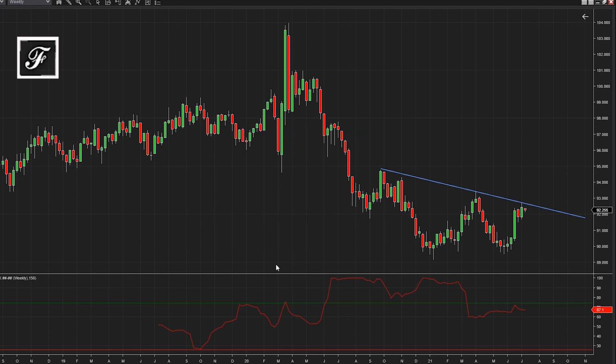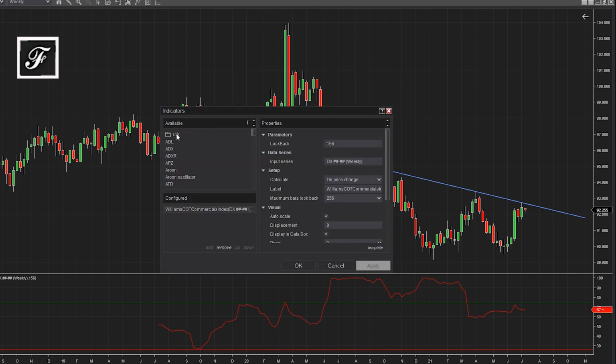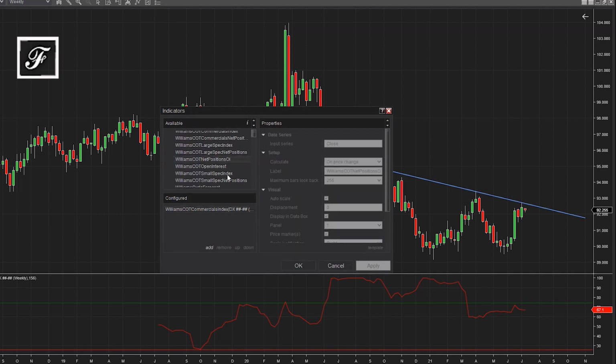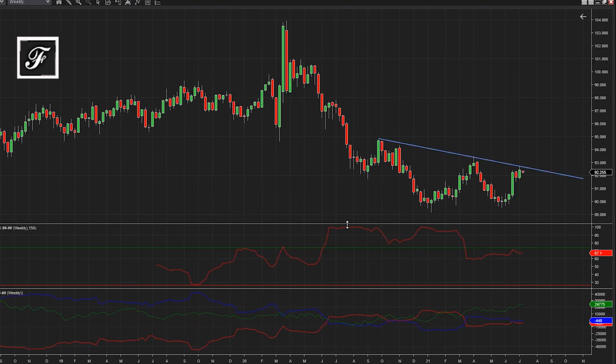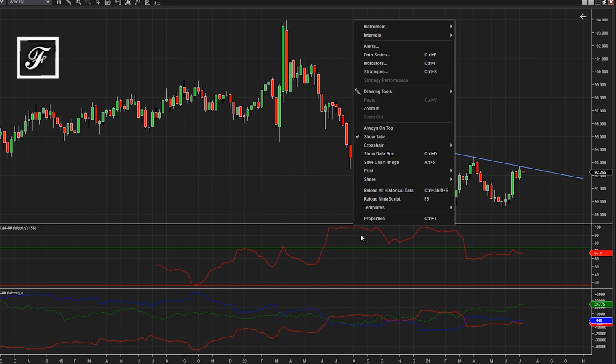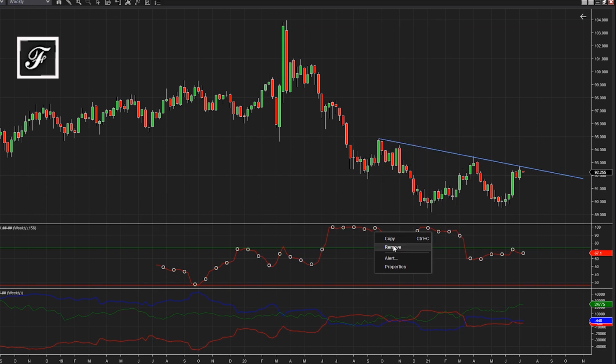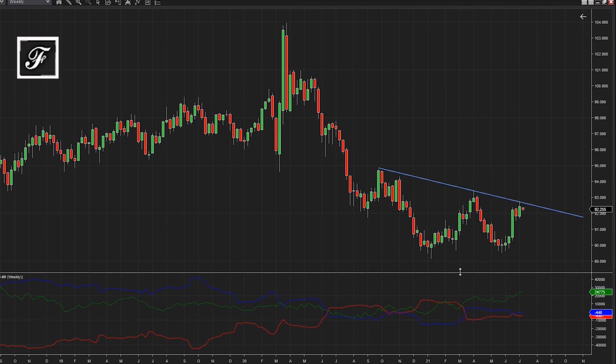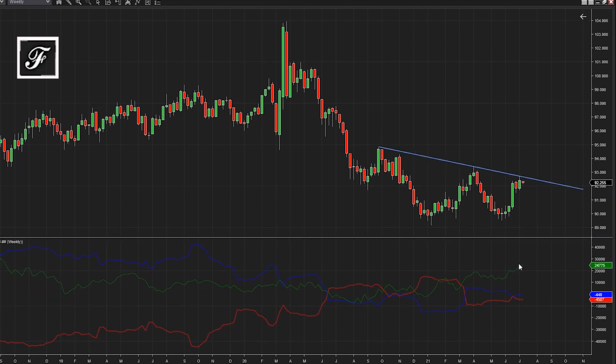which is neutral at the moment. And the next tool is net positions. And net positions, it's actually neutral, but I want to pay attention to retail positions.